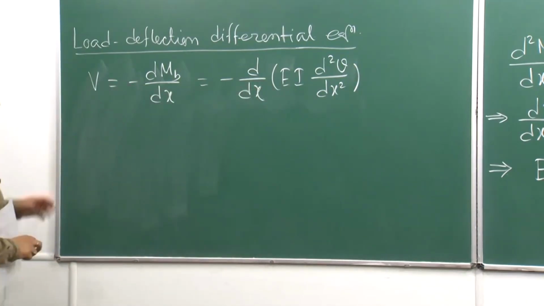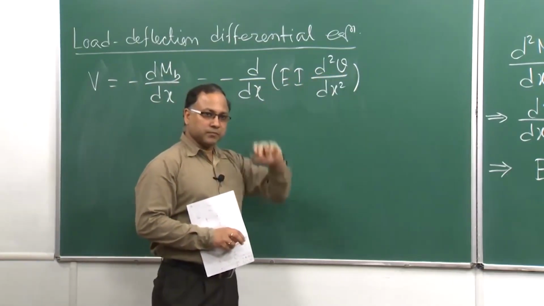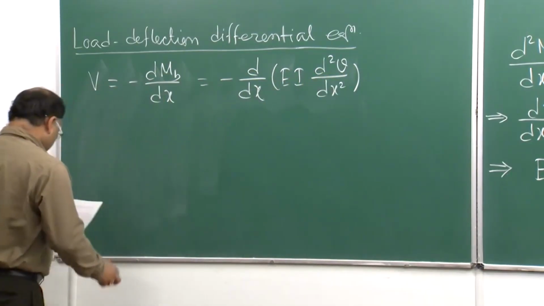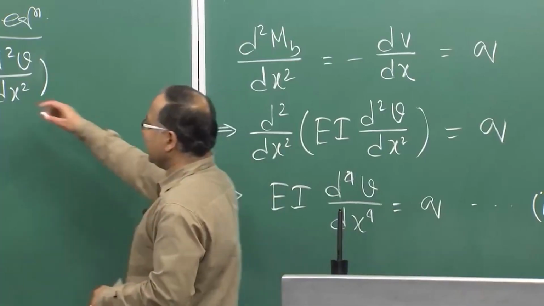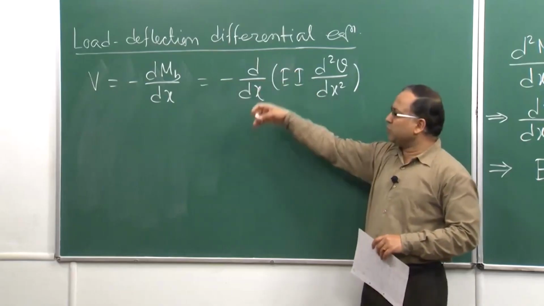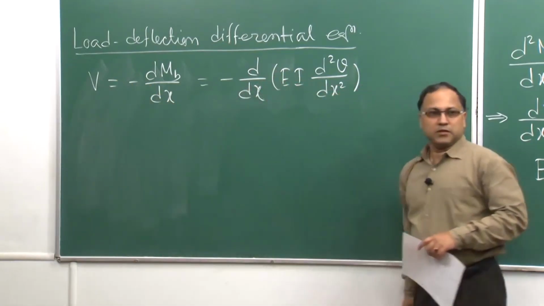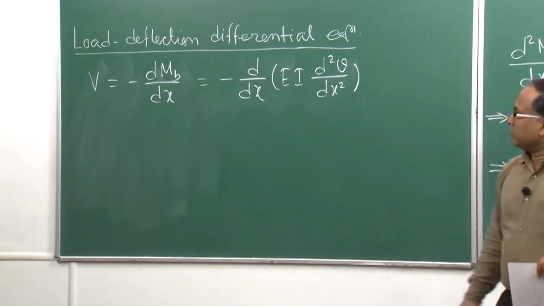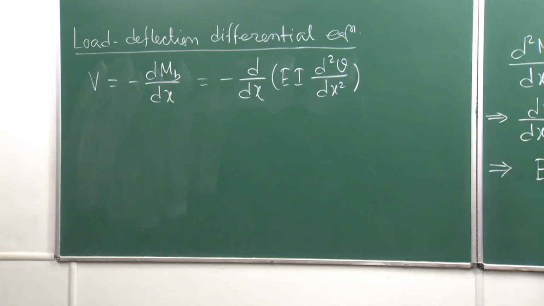This is the relation between the shear force and the deflection. Sometimes we use this, because if we know the shear force distribution, then by using this differential equation we can find the deflection of the beam, or the slender member rather.